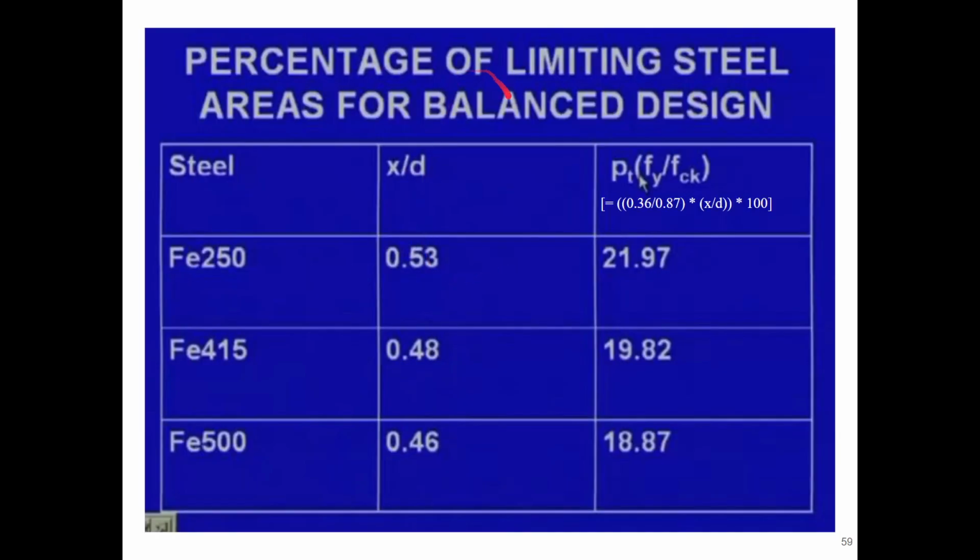Based on the equation we developed, we can calculate the percentage of limiting steel area for balanced design, for steel Fe 250, Fe 415, and Fe 500. X by D has values of 0.53, 0.48, 0.46, which we just discussed.